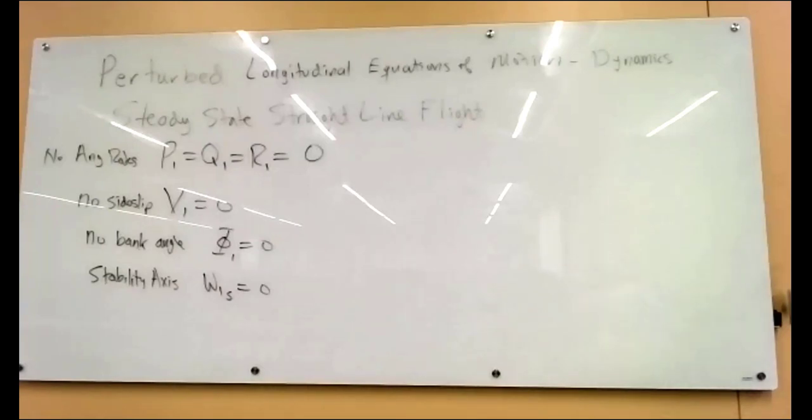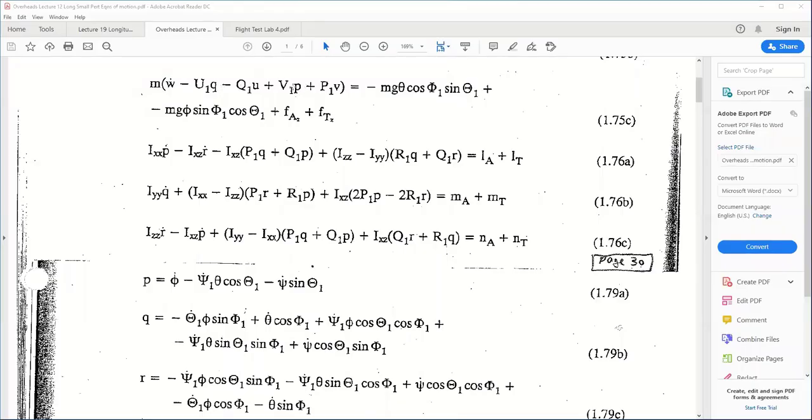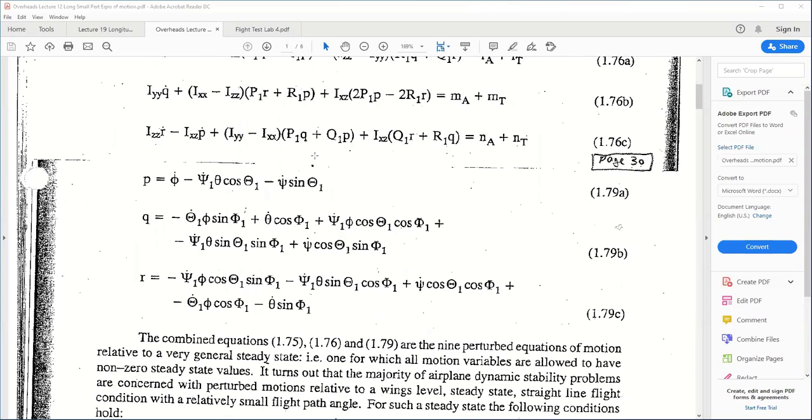So we go through in these equations and knock out Q1, V1, R1, V1. Do that in the kinematic equations. And we get the equations on your next page.